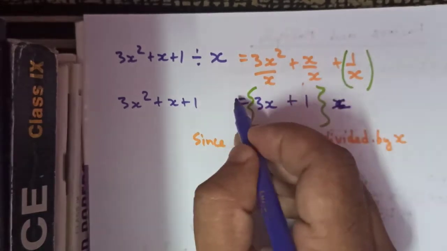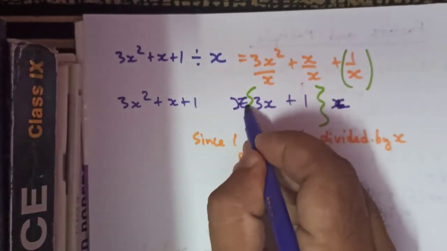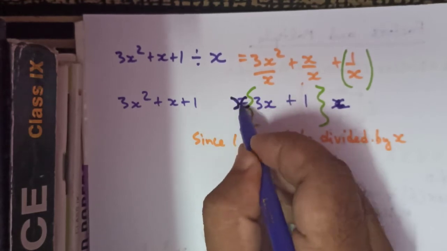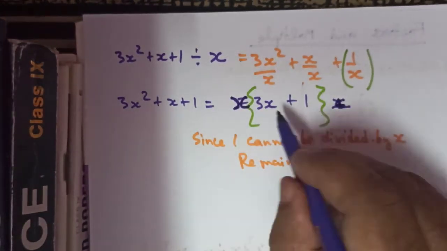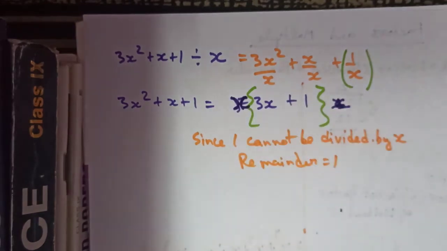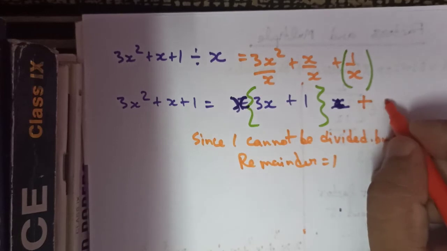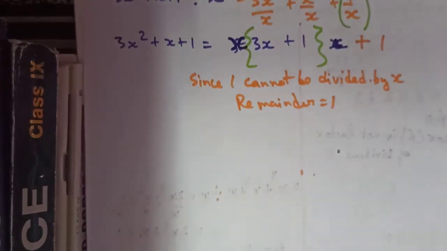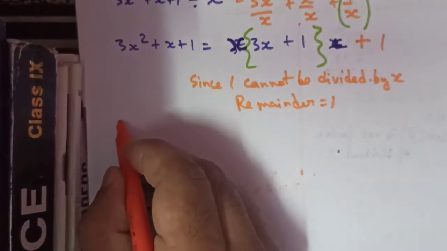So I should write x here. This will be the divisor, x is the divisor, into quotient. 3x plus 1 will be the quotient, and the remainder is 1.